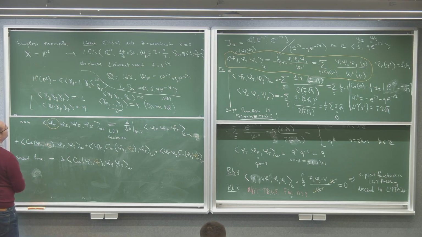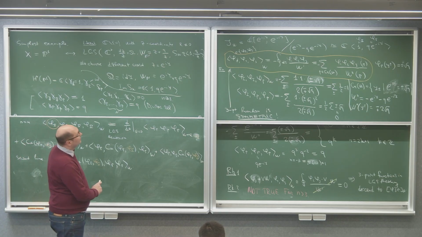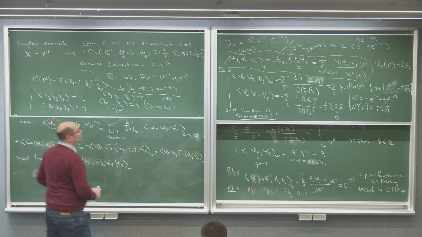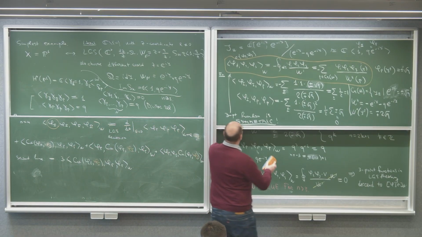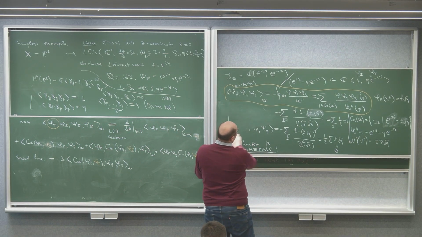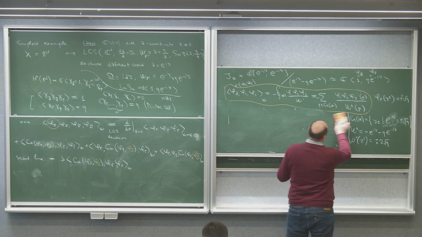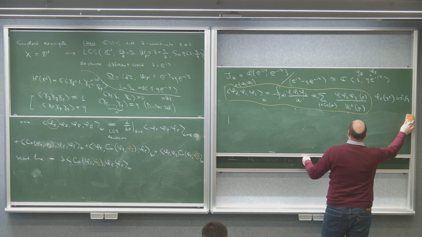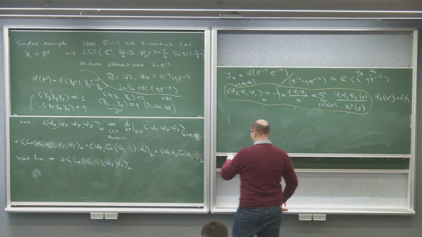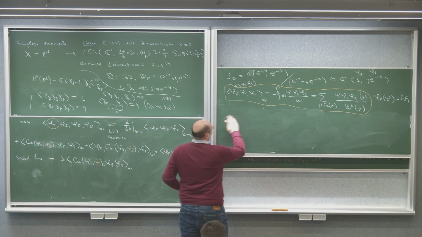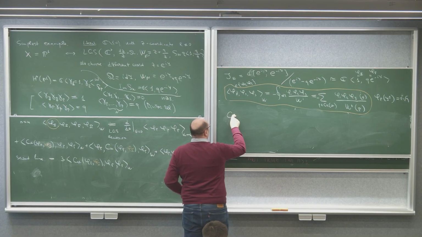Maybe I can do it in the following way to keep all formulas. Let me keep on this board the definition of the three-point function and supplement it with the formula for the contact term, and I will keep it on the board to return to later.